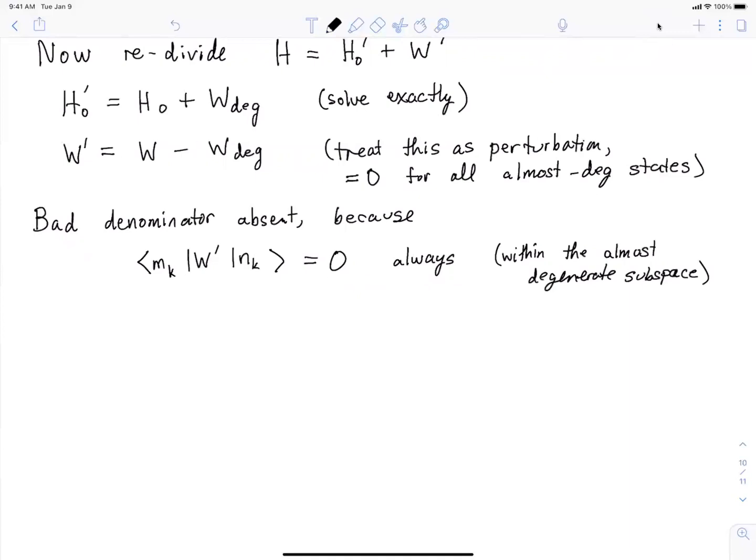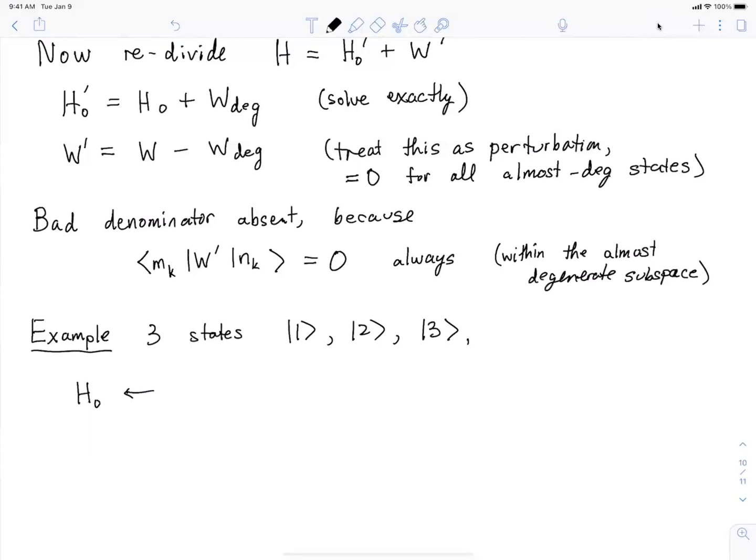Okay, so the simplest possible example is this. It's actually going to be a 3-state system. So we'll call our states 1, 2, and 3 because we don't have much imagination. Within that basis, we can construct the Hamiltonian just by telling you what its matrix representation is. We'll take the matrix representation of our H0 to be this.